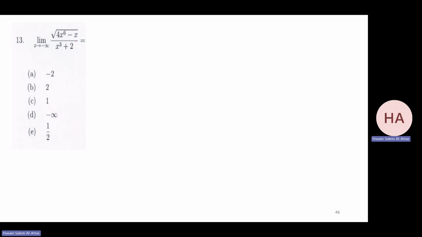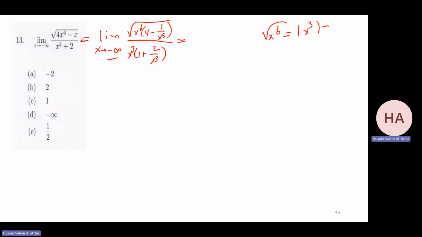This one, do the same. Simply just take common factor. X to the power 6, 4 minus 1 over x to the power 5, similar to the one we did before. 1 plus 2 over x cubed. Let me do it quickly, but now x goes to minus infinity. So square root, absolute value of x cubed, I think it was the same, minus x cubed.